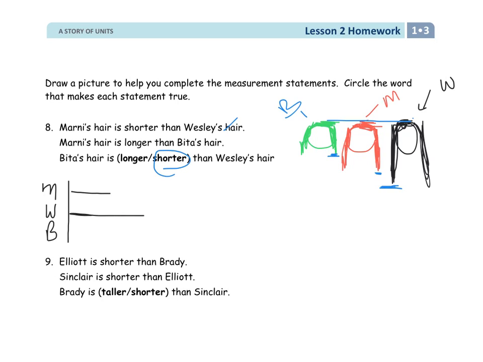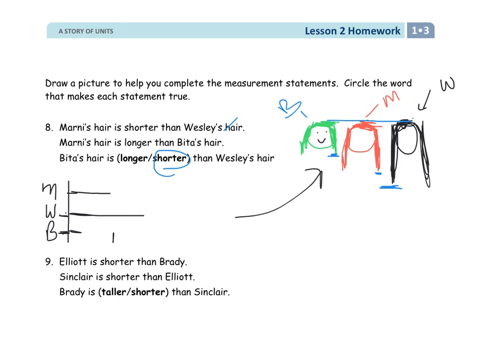So when I draw Beta's line, it can't go out past this point, which is where Marnie is. So I'm just going to do a short line. Now I can even see here that Beta's hair is shorter than Wesley's because Beta's is right here, Wesley's is right there. It's just showing a different look at it in terms of lines rather than drawing a picture.